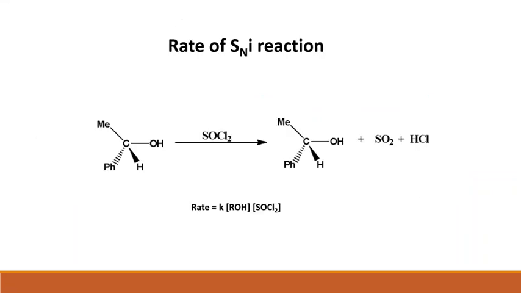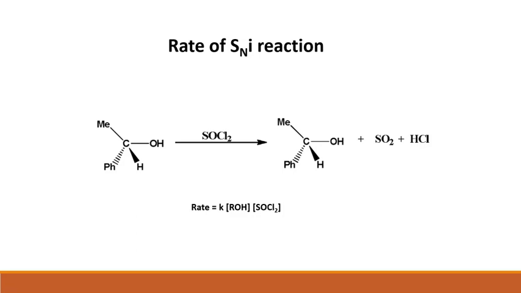In the SNi reaction, both the reactants are crucial components and play a crucial role in completion of the reaction. Thus, the rate will be directly proportional to the reactant and catalyst. Therefore, we can say the reaction follows a second order rate equation.